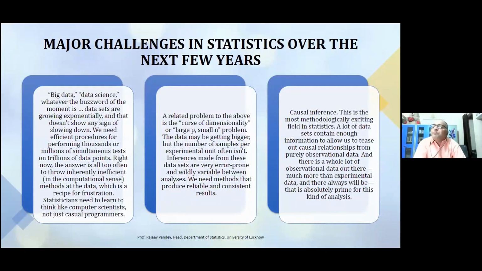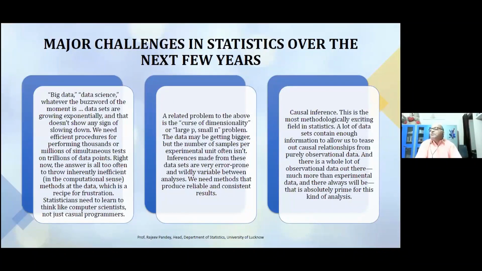Statisticians need to learn to think like computer scientists, not just casual programmers. Number two, a related problem to the above is the curse of dimensionality, or the large P, small n problem.